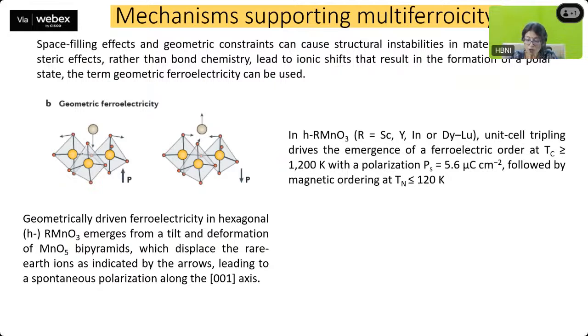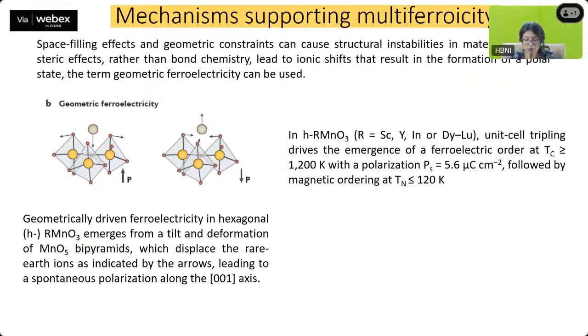Magnetic ordering emerges independently and only at a much lower temperature, the Néel temperature being around 100 to 120 K. Very similar behavior is observed in hexagonal ferrites also. I have given the example of RMnO3, but you see this even in RFeO3 kind of materials, which have the additional advantage of a larger spin moment and room temperature magnetism.